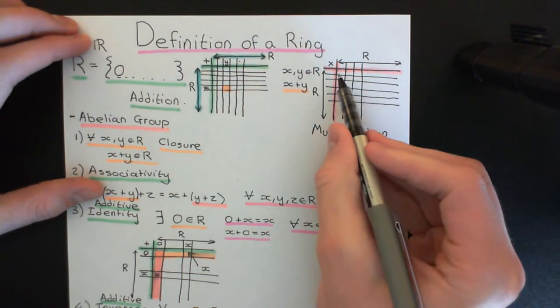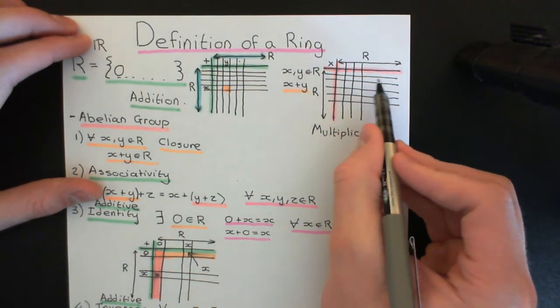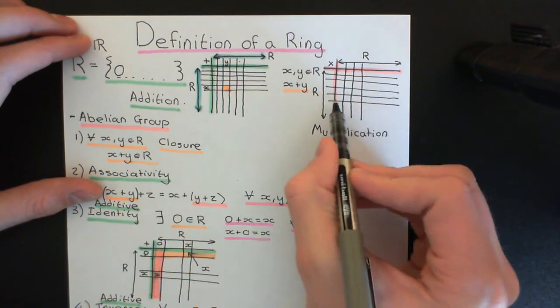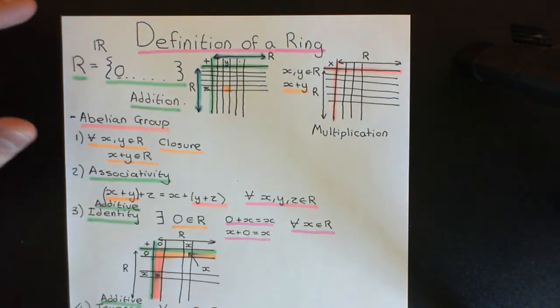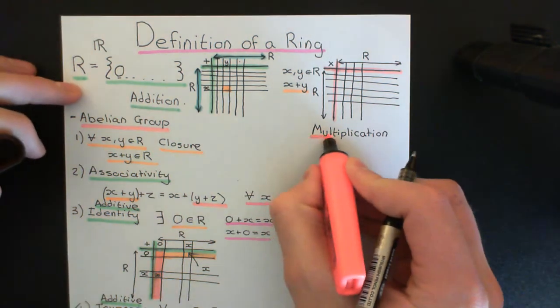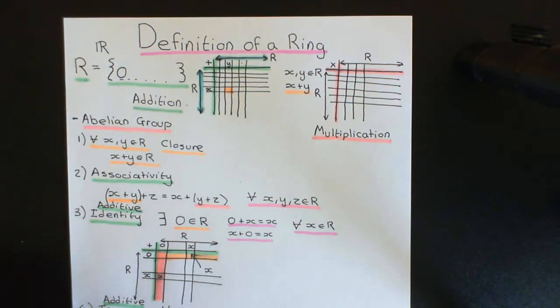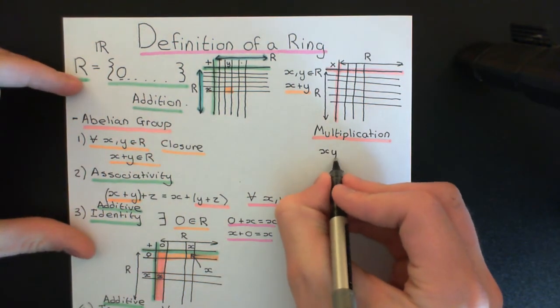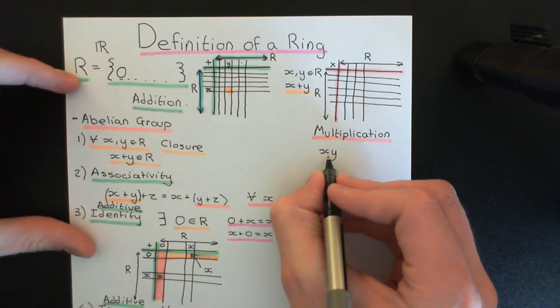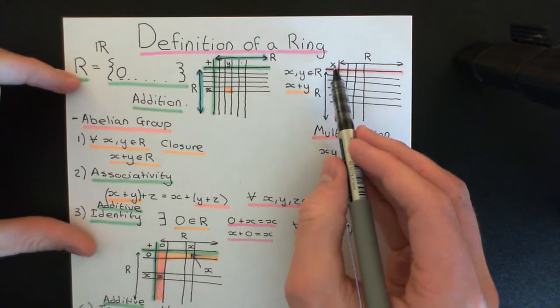Okay, and then what we'll have to go through and do is to fill in the answers in all of these little squares here, these little boxes in our actual table, and that will define what any element of the ring multiplied with any other element of the ring is. So, if we want to know what x multiplied by y is, and I should state that usually it's conventional not to actually stick in the multiplication symbol.